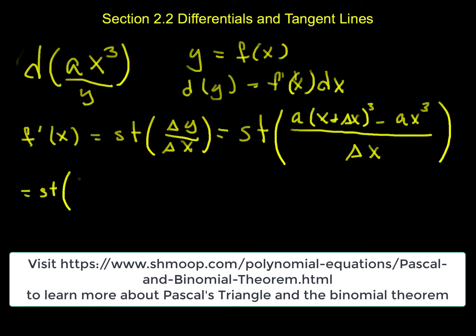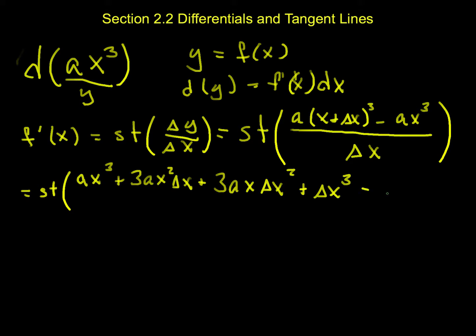But anyways, what you will get when you expand that out is ax cubed plus 3ax squared delta x plus 3, I said squared and didn't write it, 3ax delta x squared plus delta x cubed. So that's the expansion of a times quantity x plus delta x cubed, and we'll subtract ax cubed. And the whole thing is still divided by delta x.